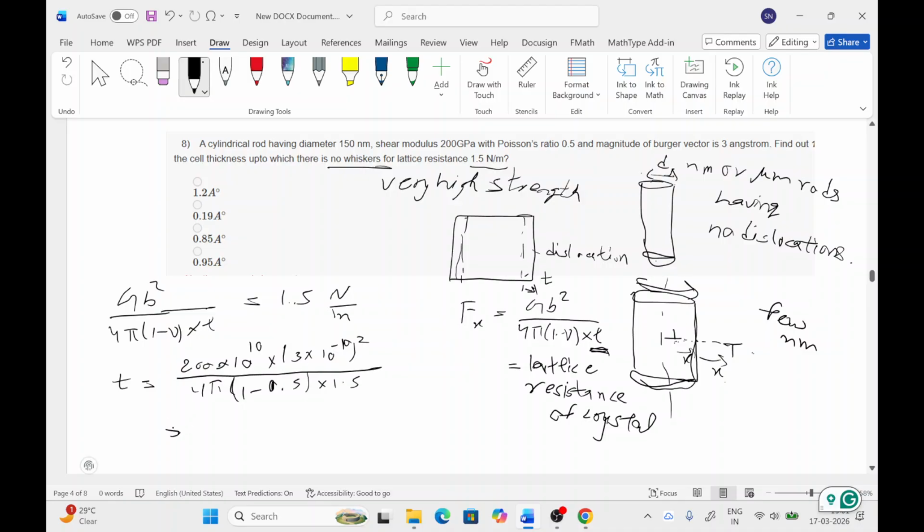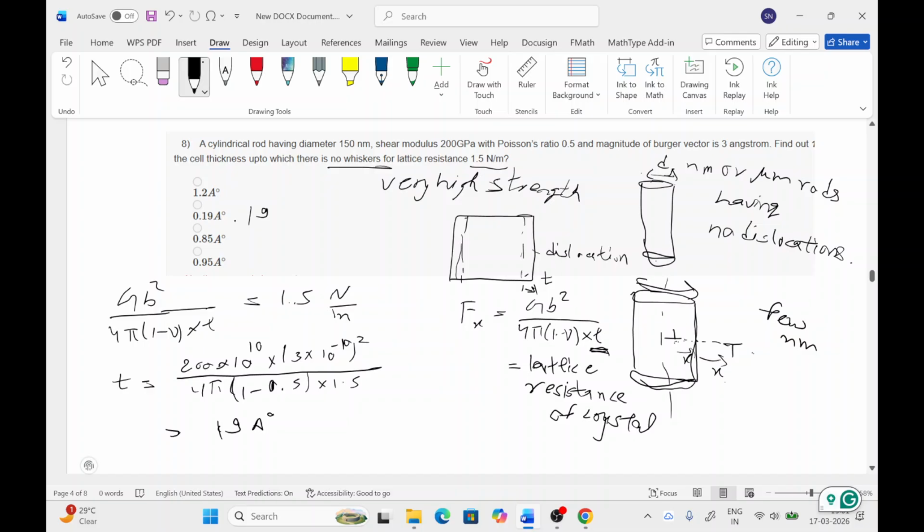So when we calculate this, we get 19 angstrom.